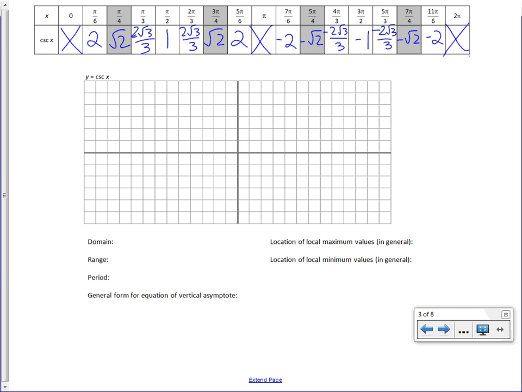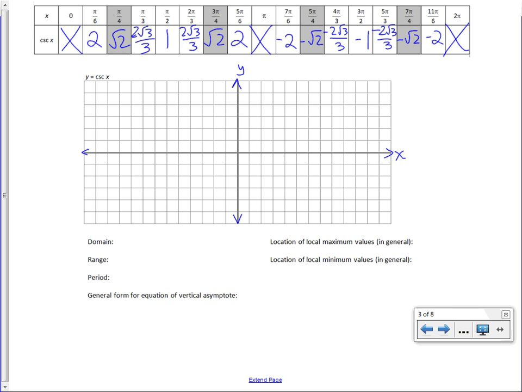Okay. So, I set up the graph a little differently. Instead of two cycles starting at 0 and going positive, we're going to go negative and positive here. Here's the good news. We're going to keep the same scale for the horizontal that we have all along. I want 12 squares to equal 2 pi.